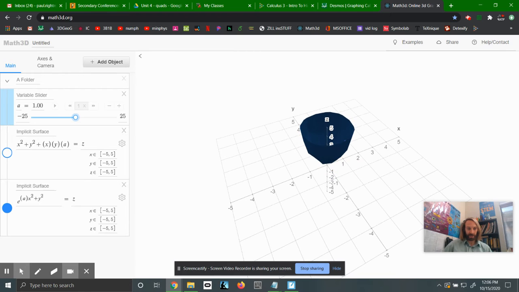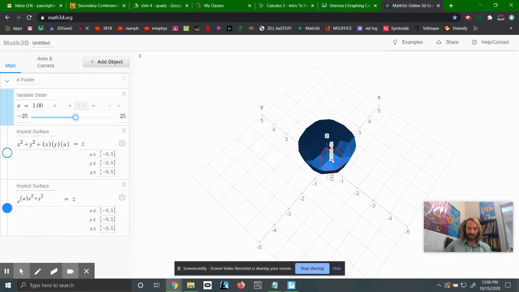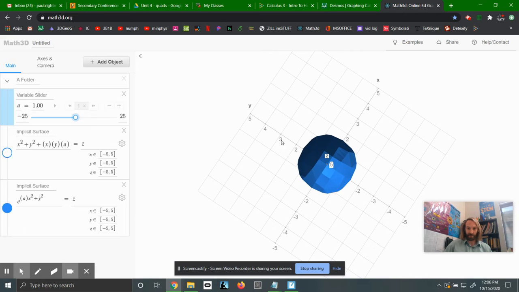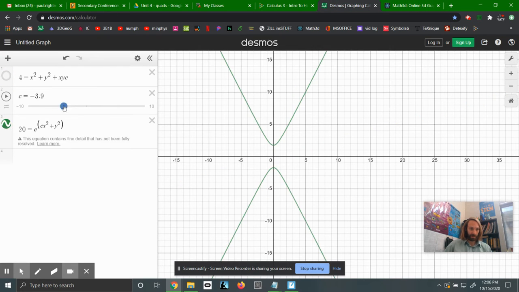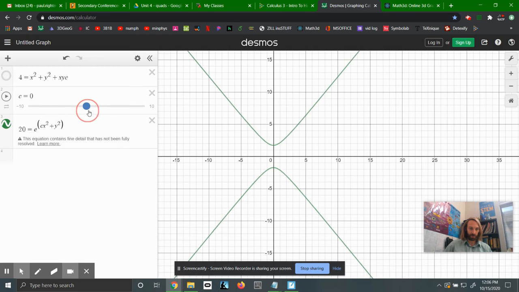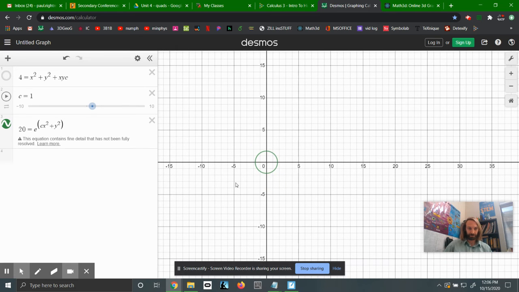Basically, because it's e to x squared plus y squared, you get kind of a circular exponential thing. And it really is a circle. Like if I switch over here and I do C equals 1, you can see it really does look like a circle right there.